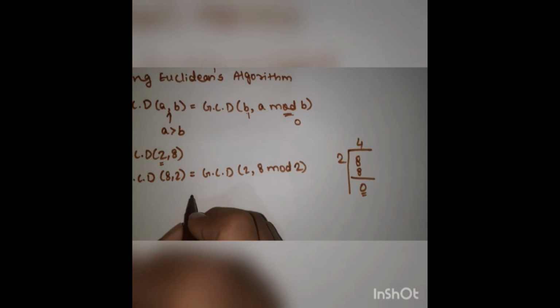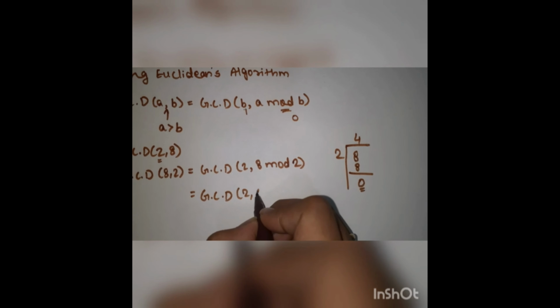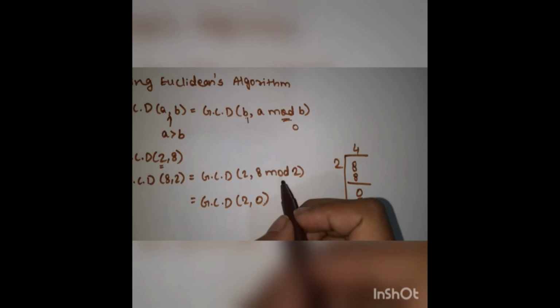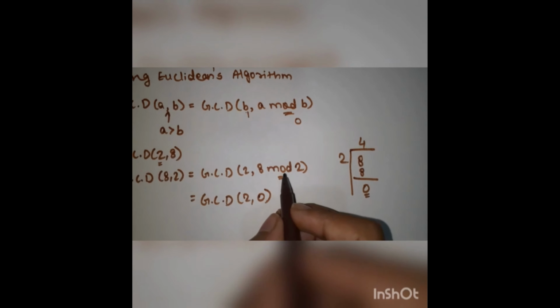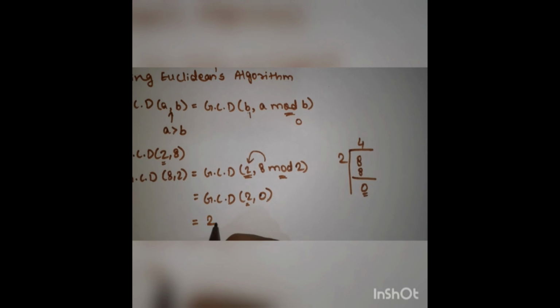Okay, so here we get the remainder as 0. So we get GCD of 2 comma 0. Now, as the rule, as I said before, if this part becomes 0, the first parameter becomes the GCD. So here 2 becomes the GCD. Therefore, the GCD here is 2.